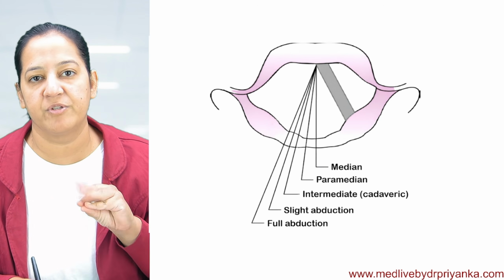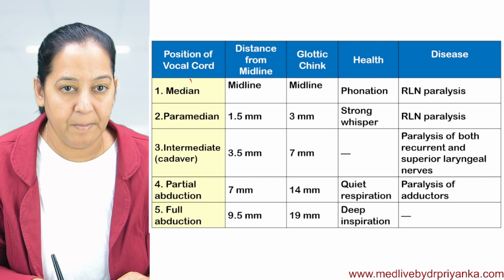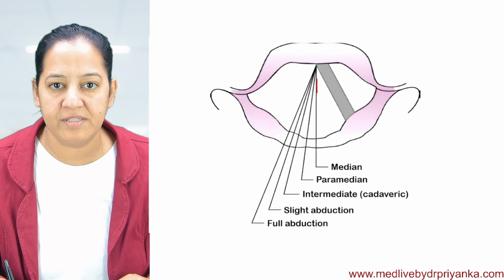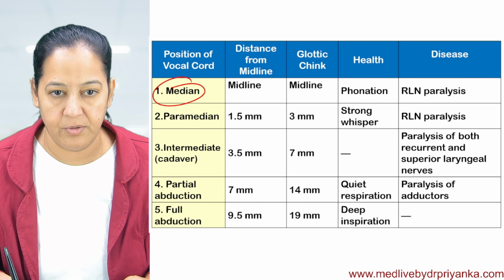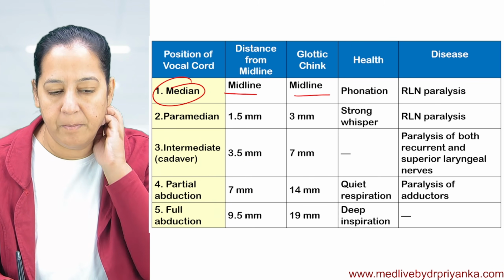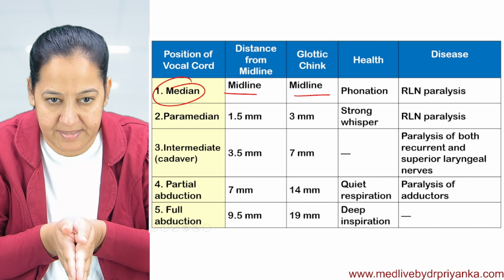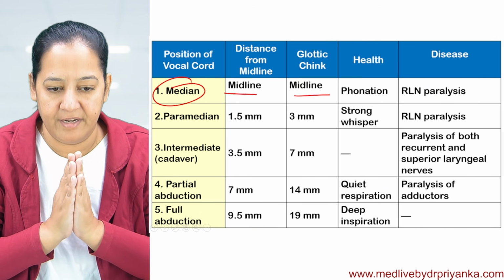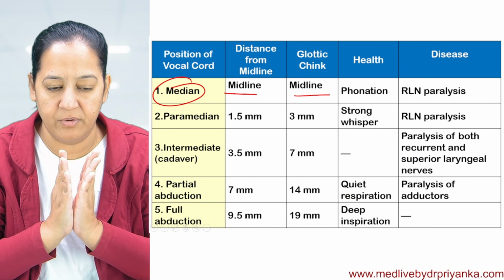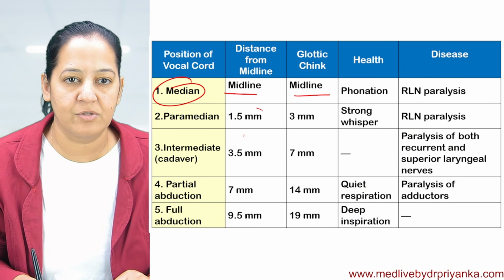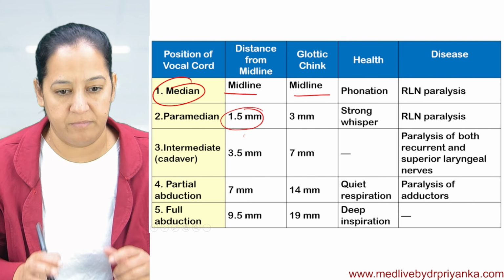There are 5 types of positions of the vocal cords. They are in front of you. The median position, in which both vocal cords are at the center. There is no space, 0 millimeter. Both vocal cords are in midline. From the center, if they are a little bit far away from each other, this is 1.5 millimeter, and this is also 1.5, the right and left.